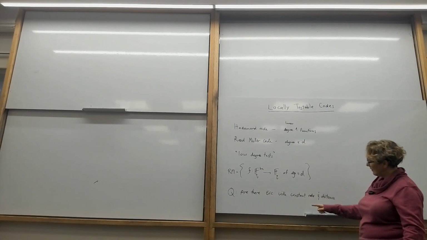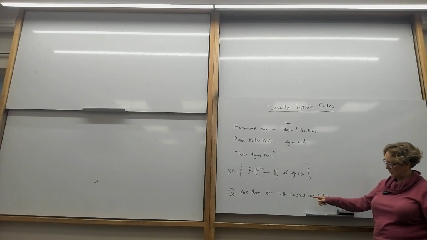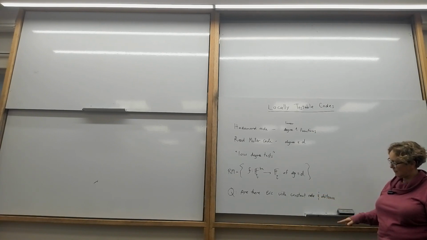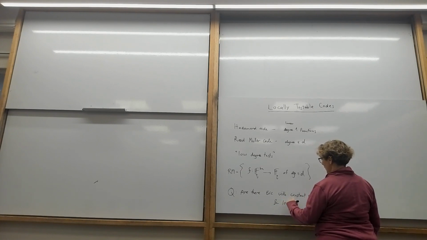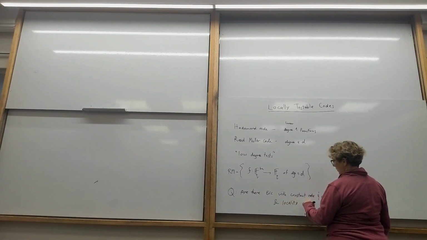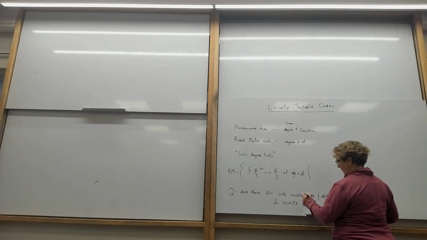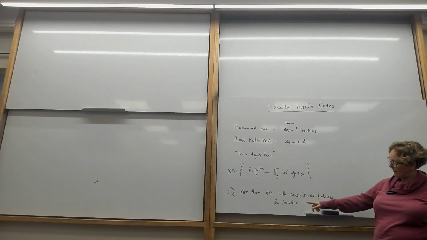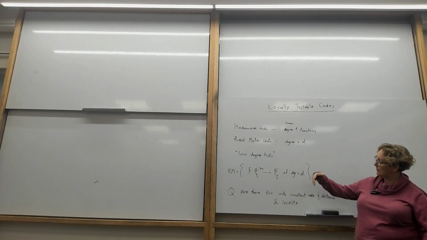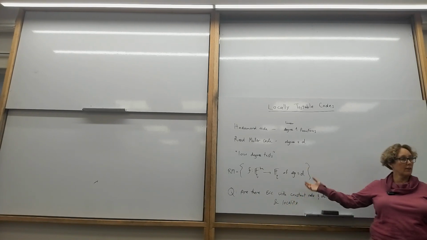When I say constant rate, I mean relative rate, and constant relative distance, and also constant locality. And when I say locality, what I mean is that there is a tester that tests these codes with a constant number of queries.